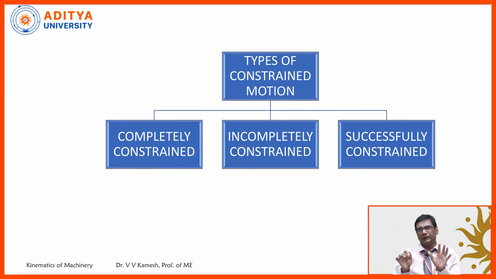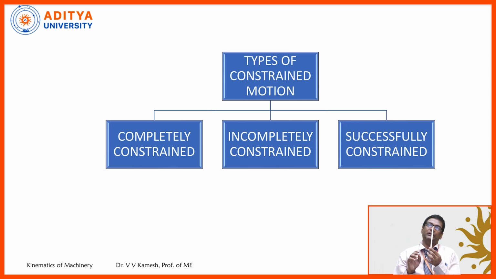So, if you do not constrain the movement, whether rotation or translation, the movement of the particular link will be random. It should not be random. So, you need to constrain and direct that particular link to move in a particular direction only.